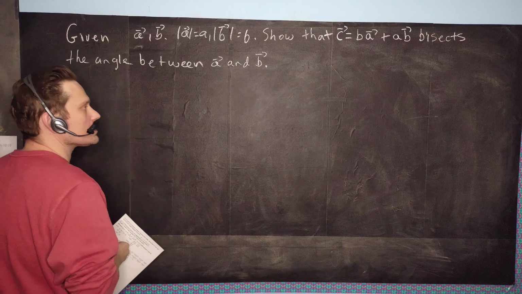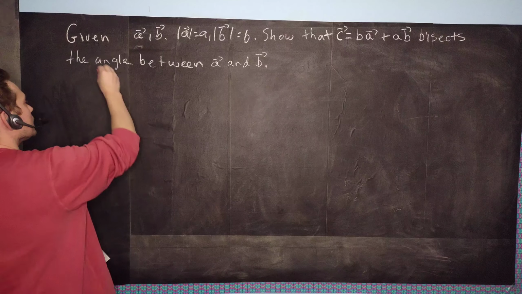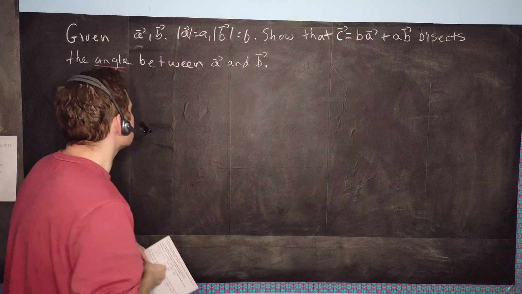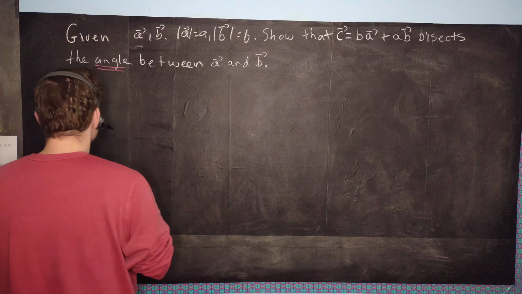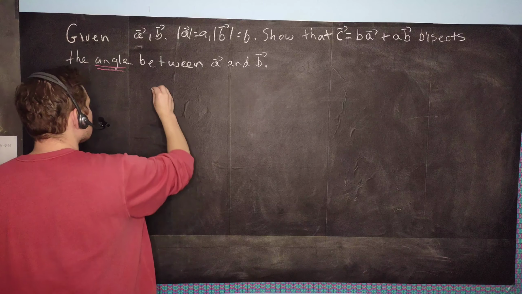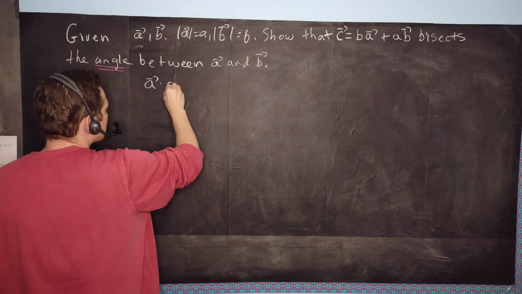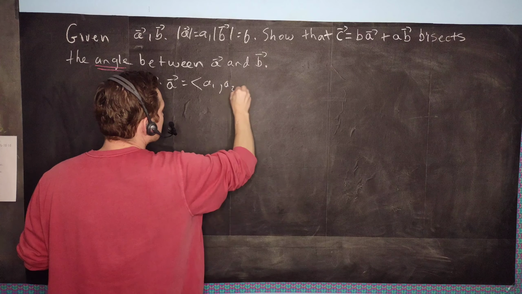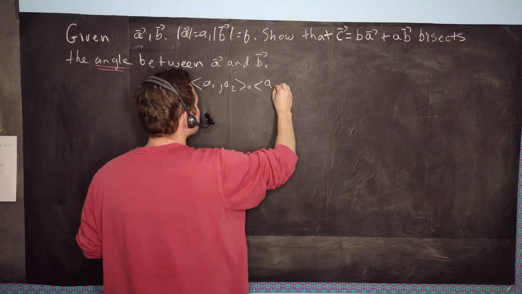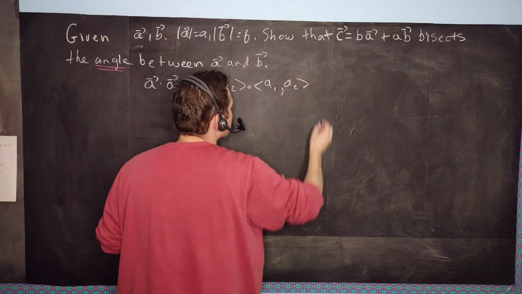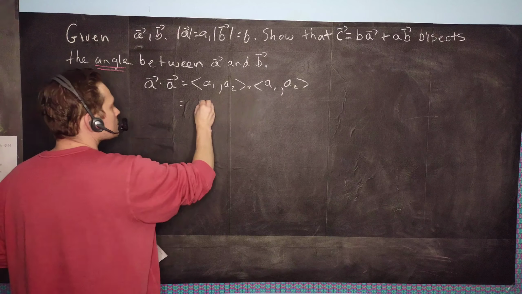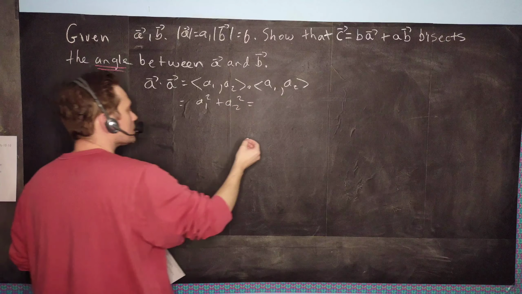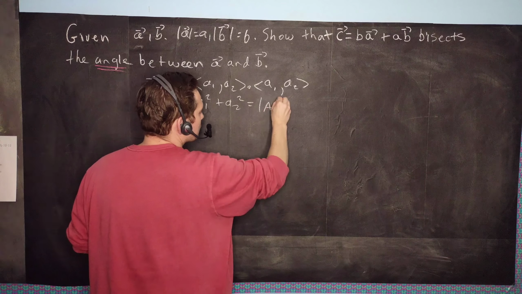Okay, since we are asking about angles, we have to be thinking about cosines usually. So let's do that. As a reminder, some of the tools that we will need here. Remember that a dotted with a, so for example a1 and a2 dotted with a1 and a2, is a1 squared plus a2 squared, but that's just equivalent to the square of the magnitude of the vector.